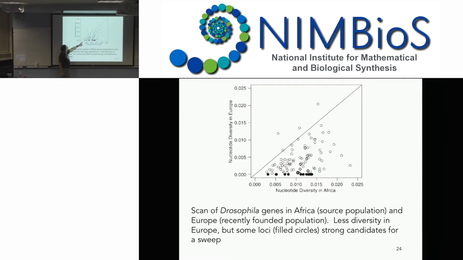What you don't expect are these things down here which have no variation in Europe, but which have rather large variation in Africa. So these solid points down here are targets for genes which have seen a sweep. When you move out of the environment in Africa into the new environment in Europe, you have an environmental swap, you could see effects.